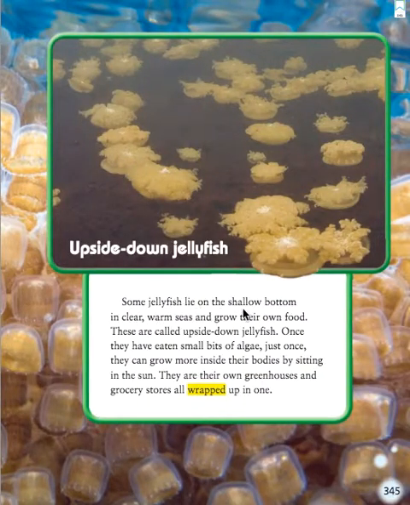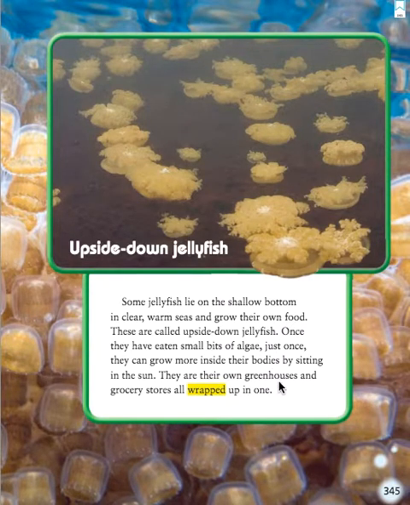Some jellyfish lie on the shallow bottom in clear, warm seas and grow their own food. These are called upside-down jellyfish. Once they have eaten small bits of algae, just once, they can grow more inside their bodies by sitting in the sun.